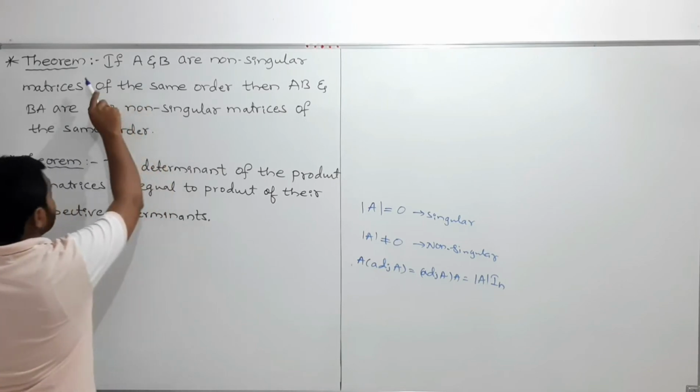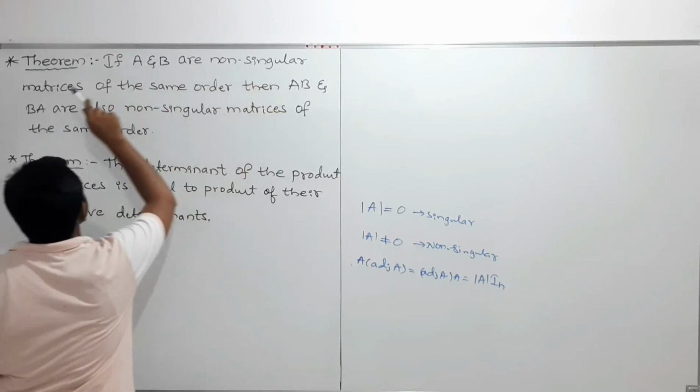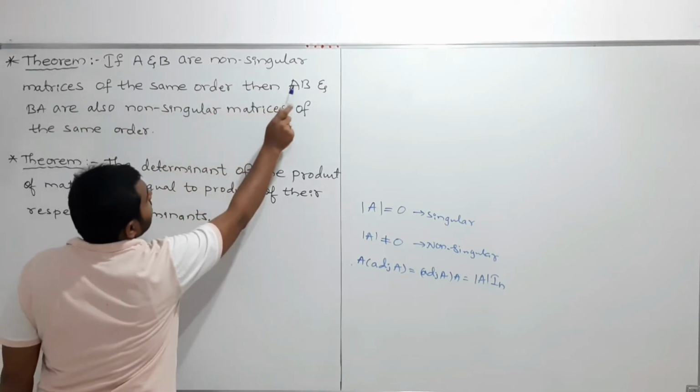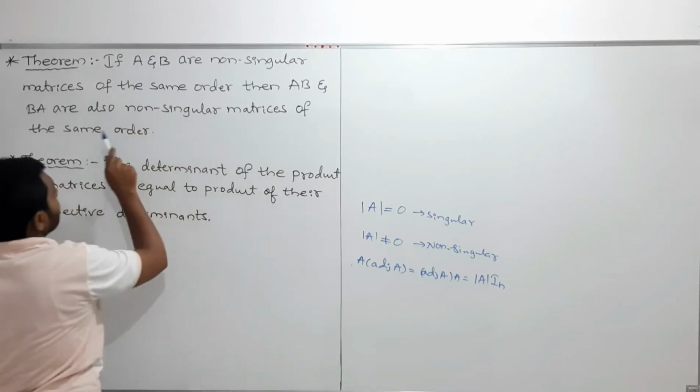So let's discuss this theorem. If A and B are non-singular matrices of the same order, then AB and BA are also non-singular matrices of the same order.